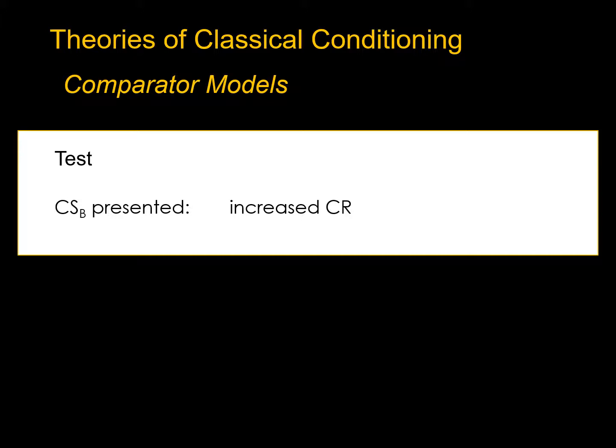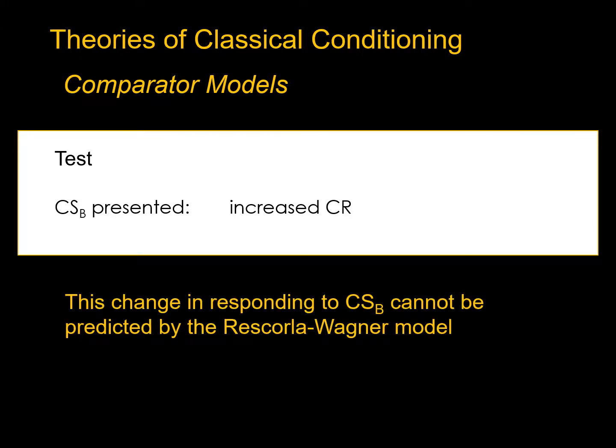It would never predict this. This kind of violates some of the assumptions that Rescorla-Wagner is based on. How can you see a change in the response to a stimulus over a series of manipulations where that stimulus was never presented? Well, that's what we're seeing here.